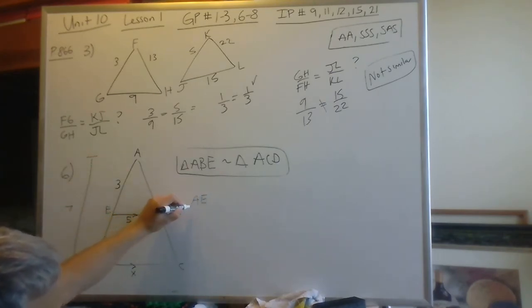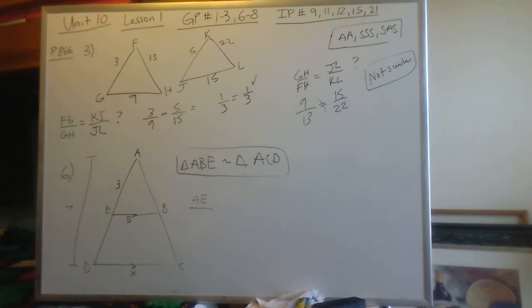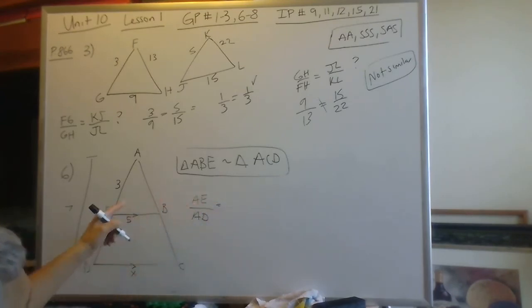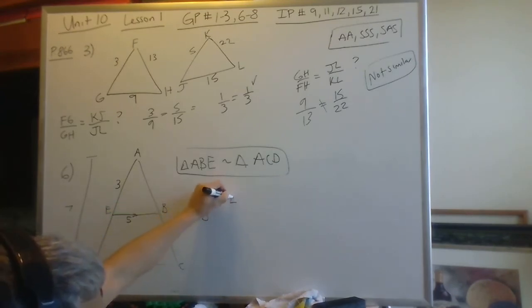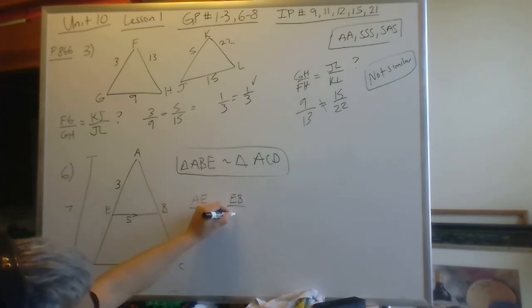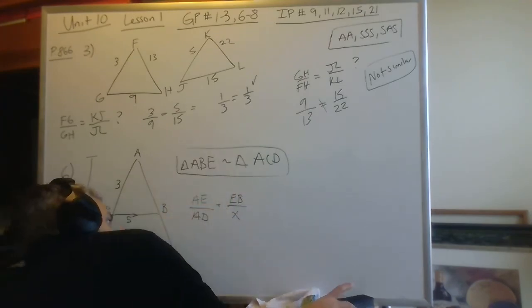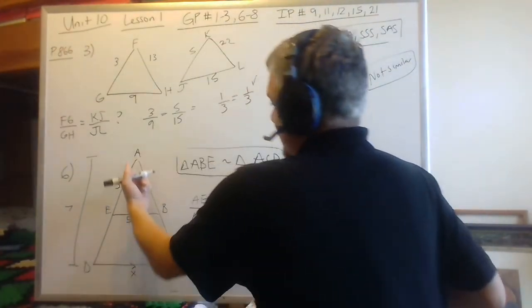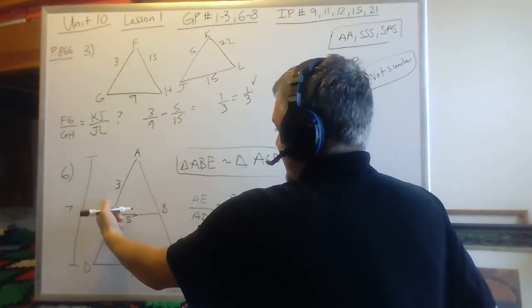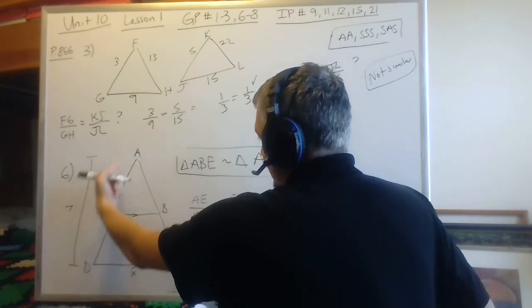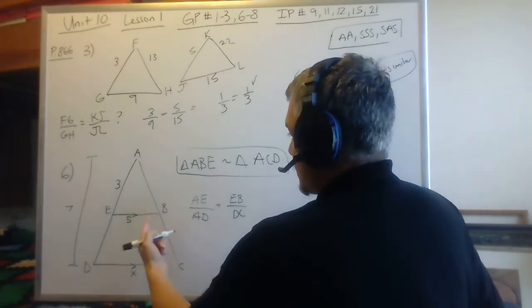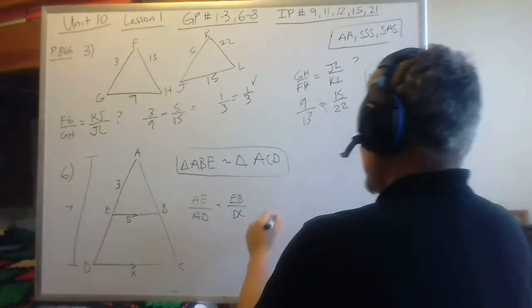So we are going to do this side AE over AD equals EB over DC. So what we're doing is this side length, AE over AD, the whole entire larger triangle side length, is equal to EB over DC. So now we're just going to plug it in.